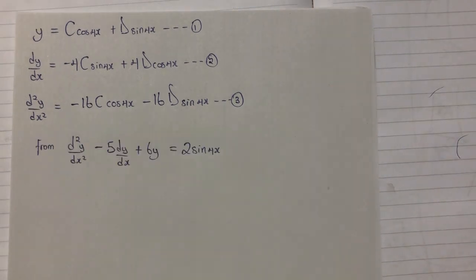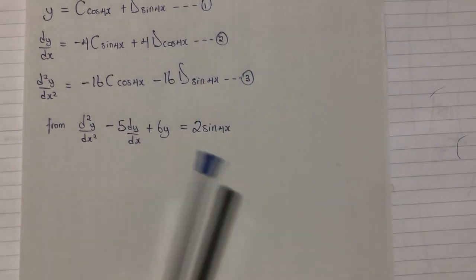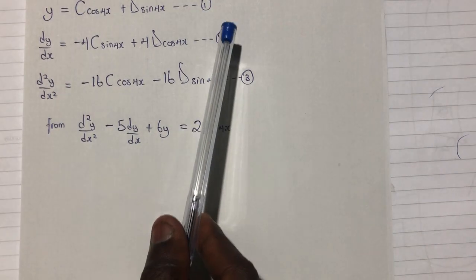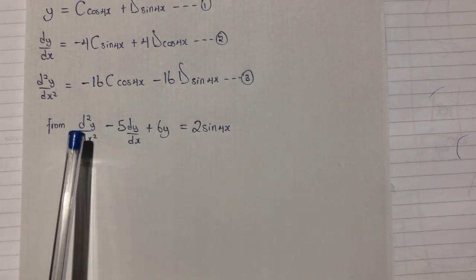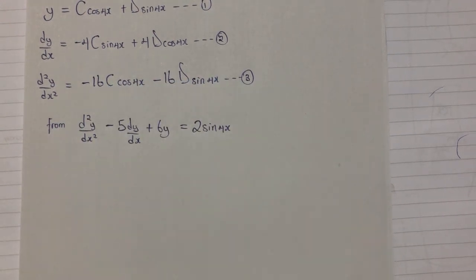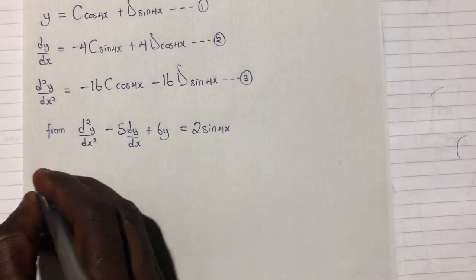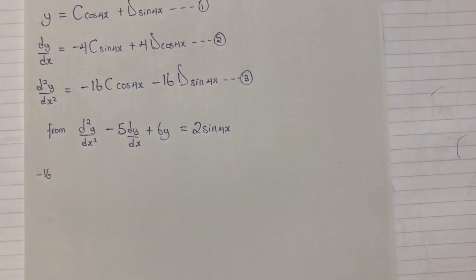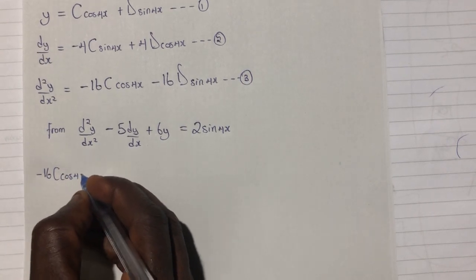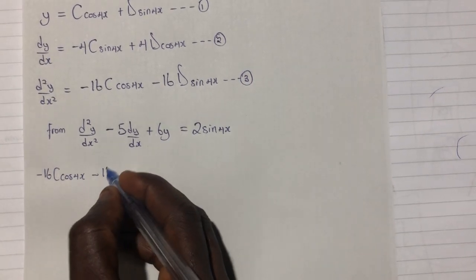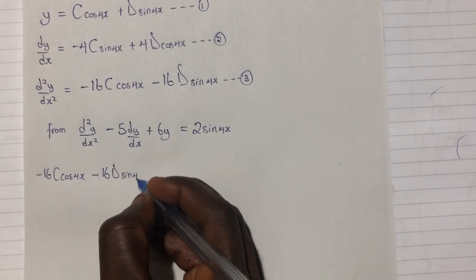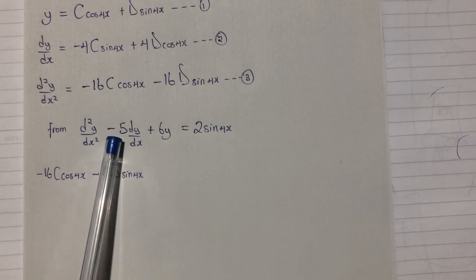So let's do that. So this is our original function, the main equation. So now we are putting in equations 1, 2, 3 here. So now we know d squared y over dx squared is the same as this one. So we substitute it inside and we get minus 16c cos 4x minus 16d sine 4x. Now there is minus 5 here.